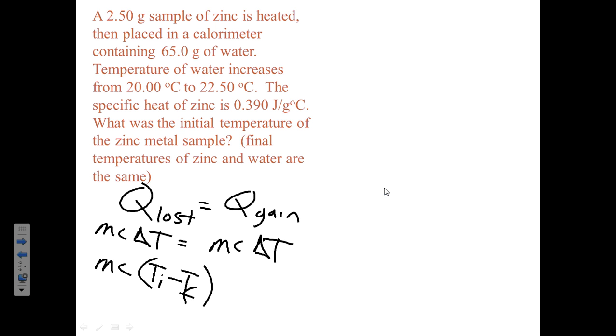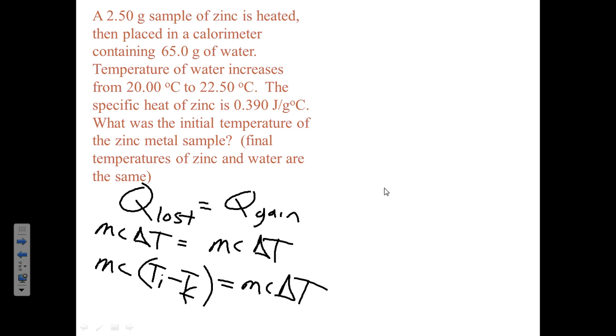How do you usually find the change in something? Final minus initial. Why did I write it that way? I wanted to get a positive number. The negatives are just going to throw us off. So I want a positive number, so I know the initial temperature's hotter because it's cooling off. And then I'm going to set that equal to MC delta T for water. Everybody with me on that?